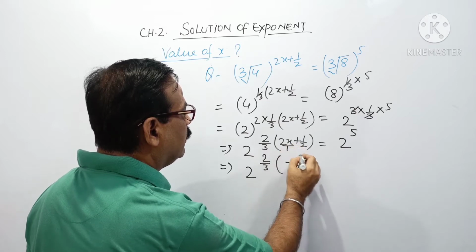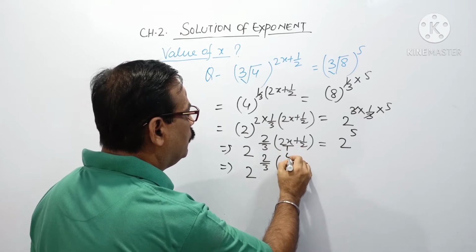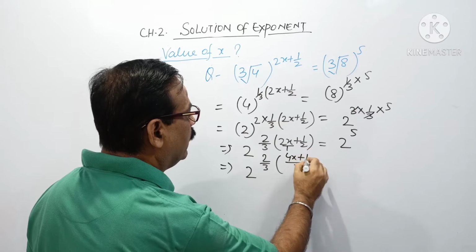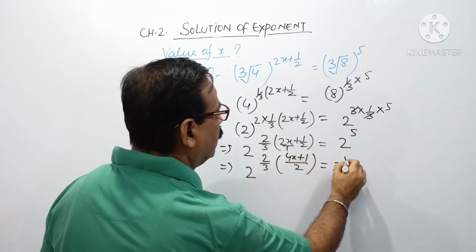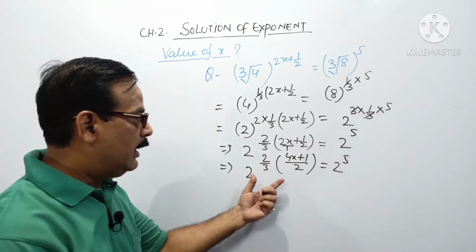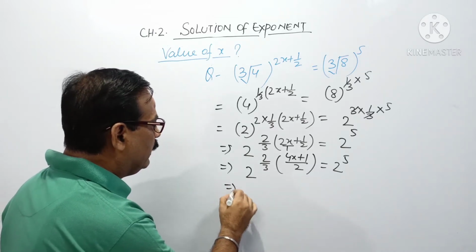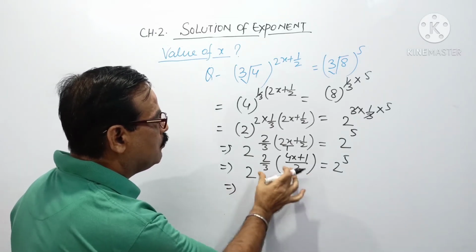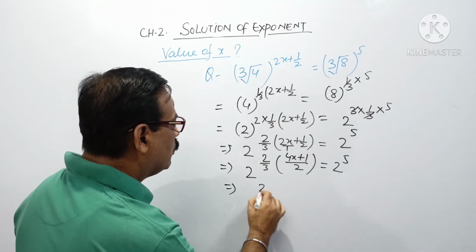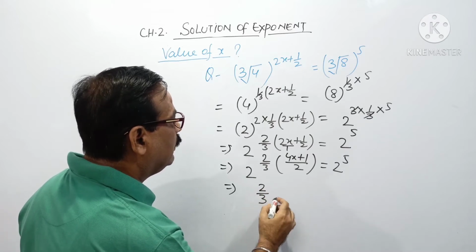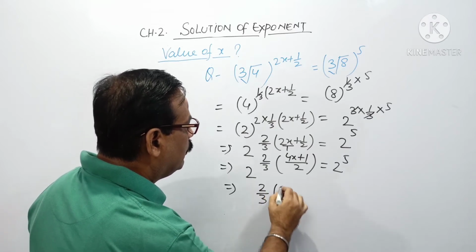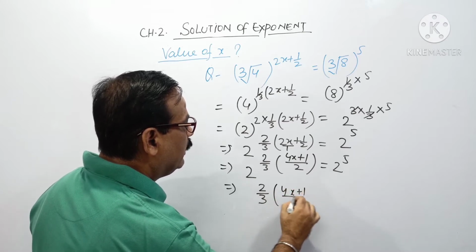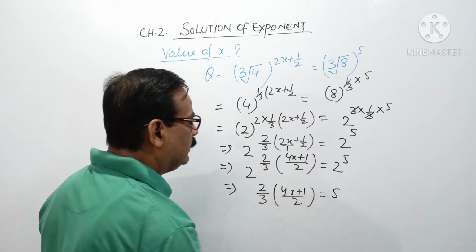Here is 1, so we can write here 2 to the 4x plus 1, and here is 2 to power 5. So guys, now in the next step the base is the same, so the powers should be equal, so we can write here 2 by 3 and 4x plus 1 by 2 is equal to 5.